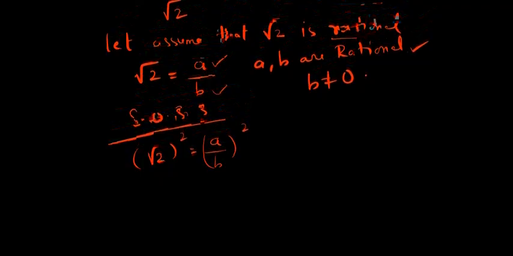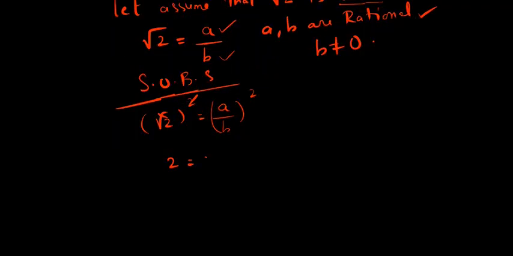Here the real thing will happen. Please pay attention. 2 equal to a square by b square. That means 2b square equal to a square, because b square is in division here; when it goes this side, it becomes multiplication.